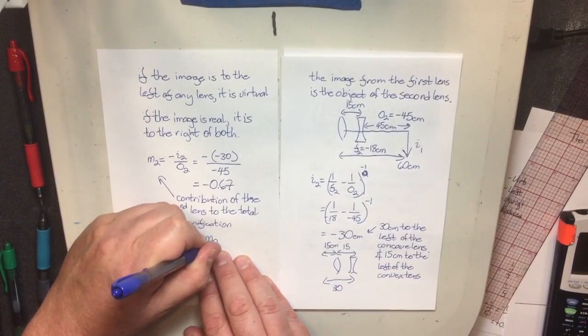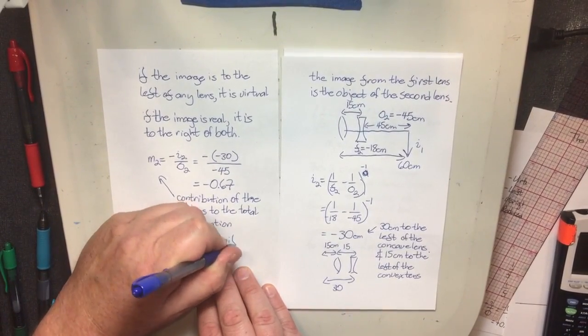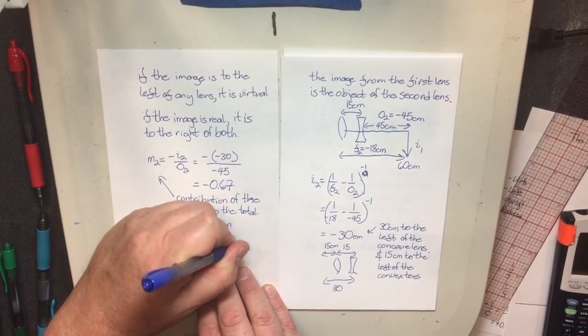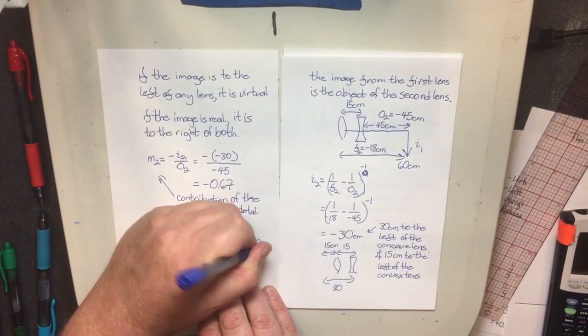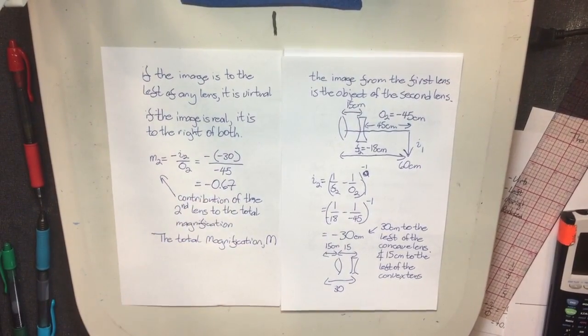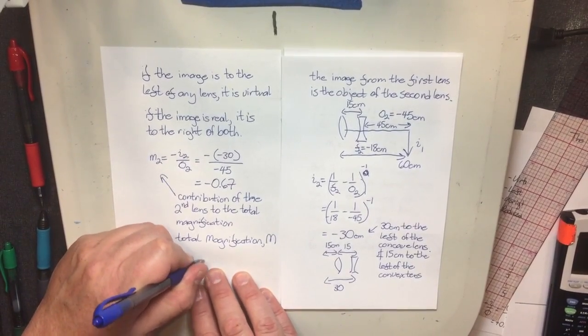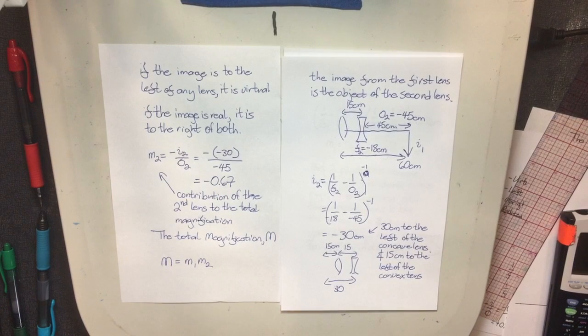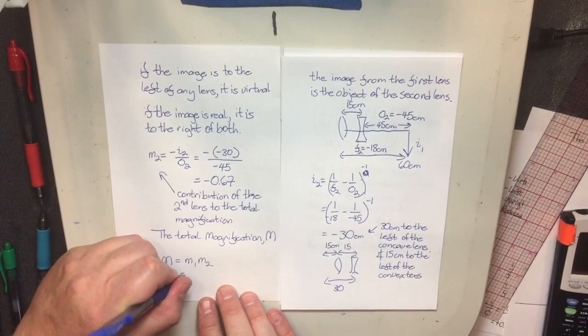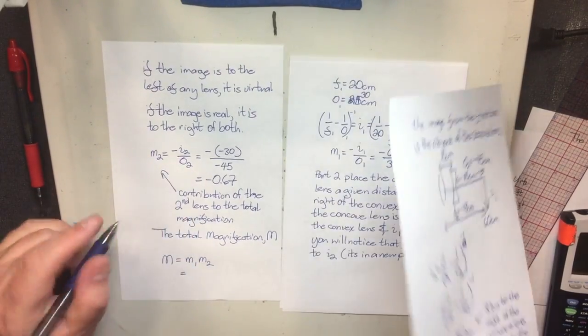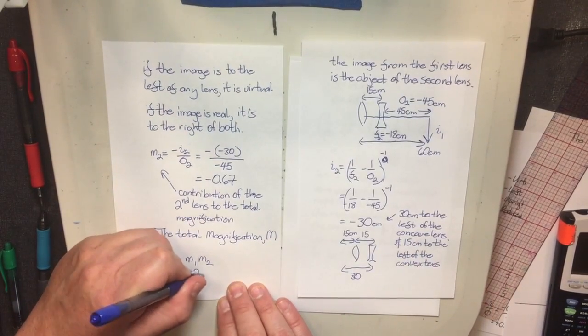The total magnification M, that M is M1 times M2. What you do to get the total magnification of the entire thing is you multiply the two magnifications together. The M1, negative 2.